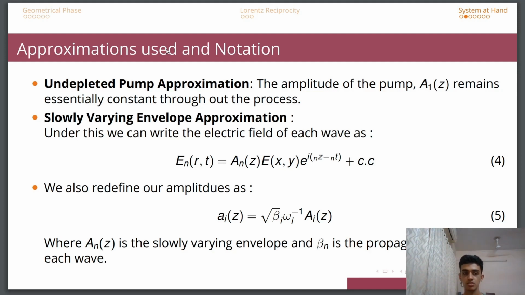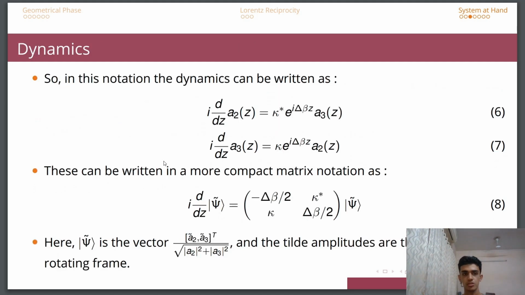This is the second approximation, the slowly varying envelope approximation. We can write the electric field as some slowly varying function of coordinates times our phase factor, plus the complex conjugate because our fields are real. And for the sake of convenience, to match with the paper, we redefine our amplitudes as in equation 5 as given.